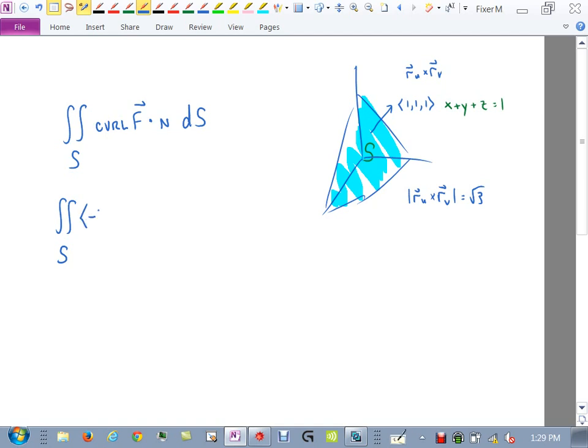It was negative 2z, negative 2x, negative 2y, right? I'm going to dot that with what? The normal vector, dS. The normal vector is 1, 1, 1, isn't it? Yes?